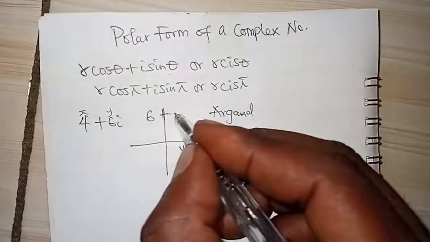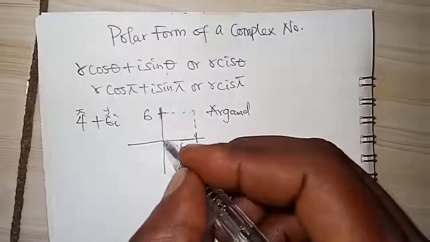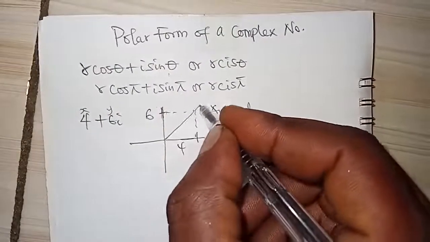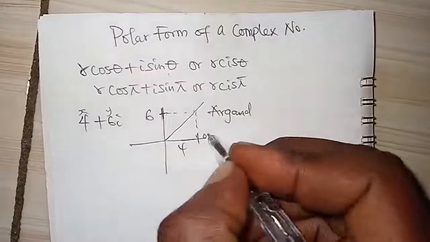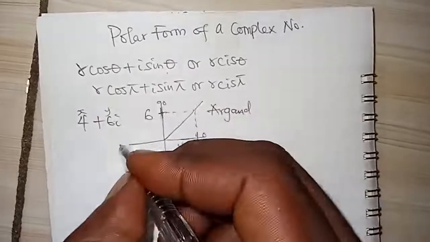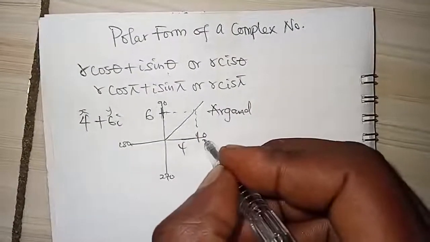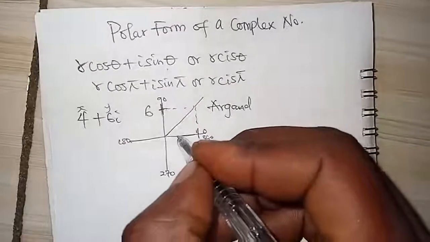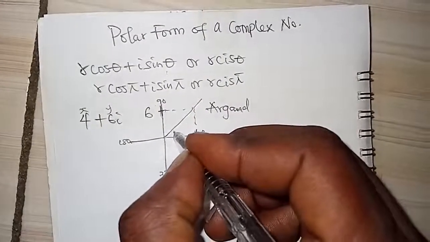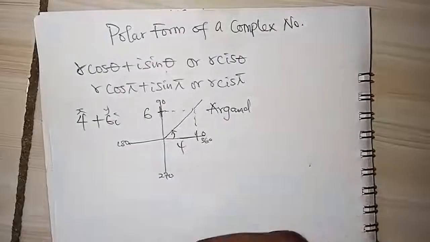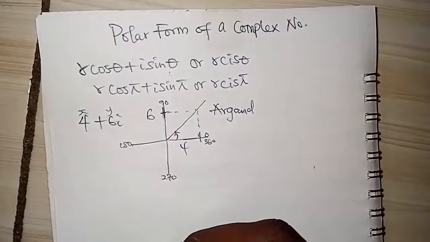We go to where both of them meet and draw a line from the center to that place. Here is 0, here is 90, here is 180, here is 270, and here back is 360. So we must measure our angle from 0 anti-clockwise. That's how we measure our angle.